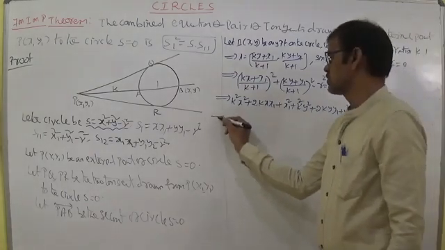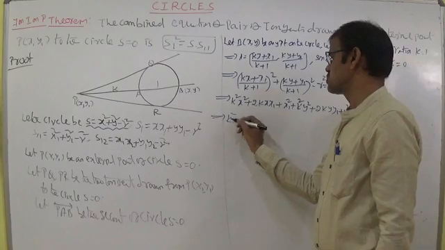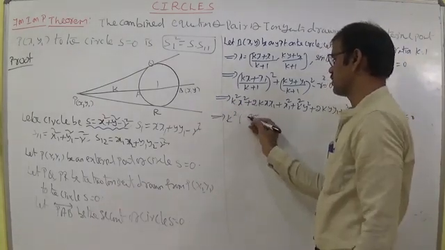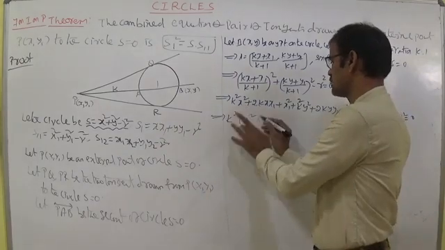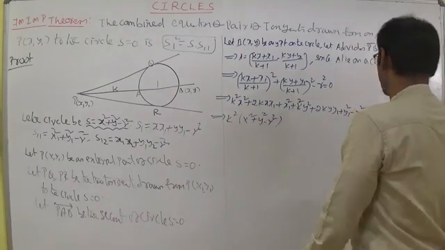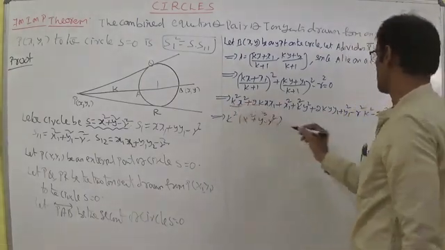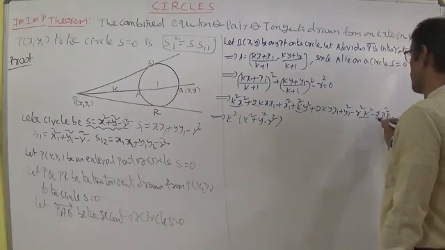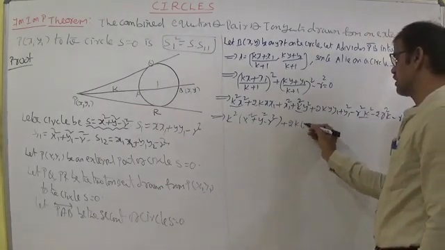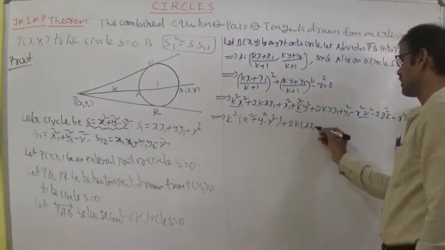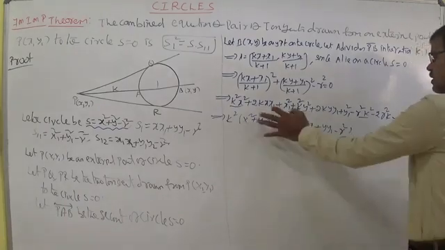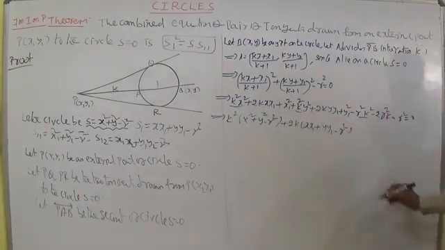Now you take common k square, then you can write x square plus y square minus r square. Try to understand that this is k square x square, k square y square and r square k square taken common. Next take common 2k, it becomes within the brackets xx1 plus yy1 minus r square.